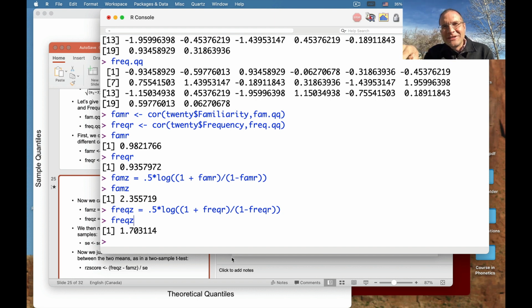So the z-score means that our expectations are that the underlying population of R values is normally distributed. At this point, we have a z-score of 2.35, so we're pretty far out on the right tail. And for this one, we have a z-score of 1.7, so we're not quite as far out on that tail.